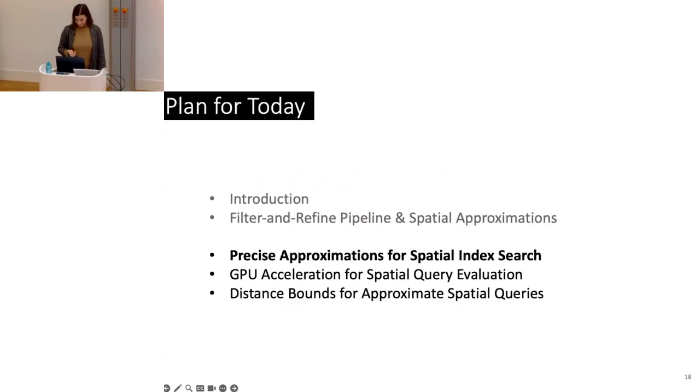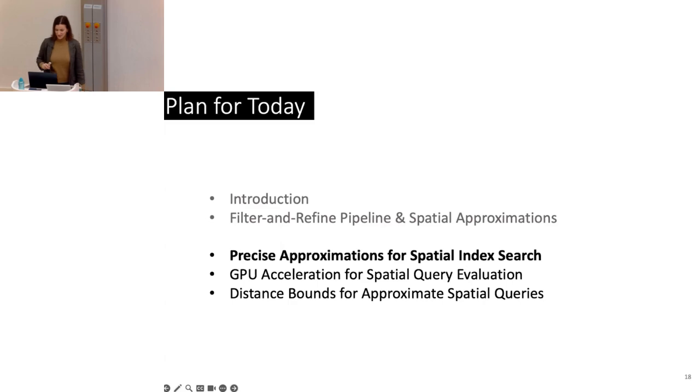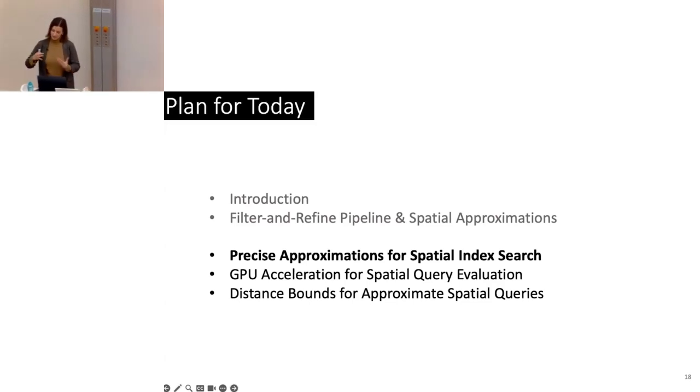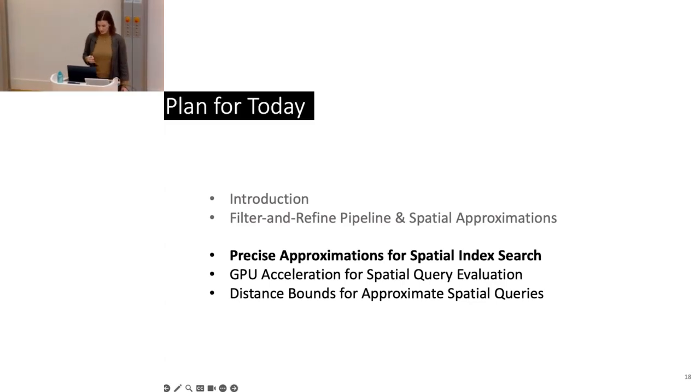So let's now go through the plan for today, or at least the remaining plan for today. We are kind of halfway through now. And in the remaining time, I would like to go into some more concrete techniques that use the insights I just presented for making spatial queries more efficient.